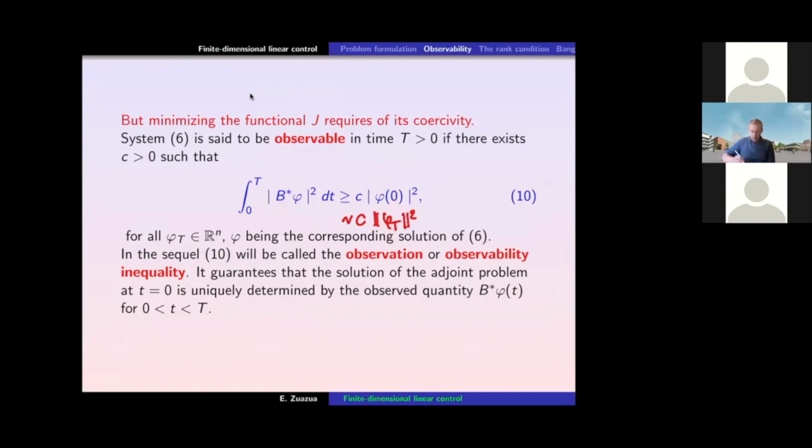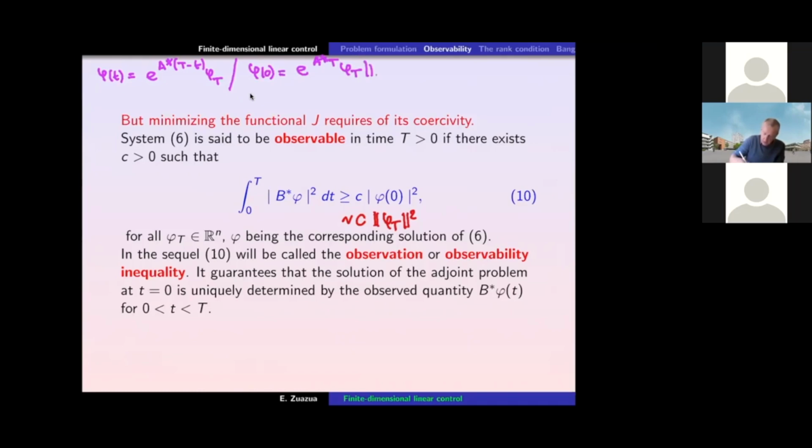Because, as we have observed, phi t was, help me please, I think it was exponential A star (T minus t) phi T. Therefore, phi 0 is simply exponential A star T phi T.